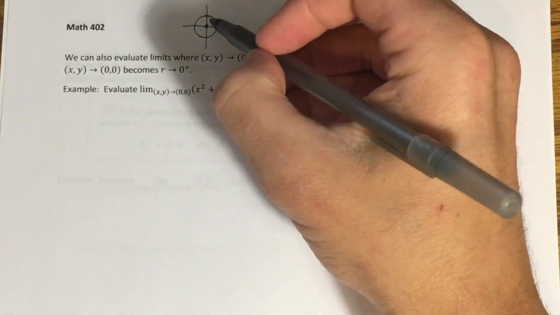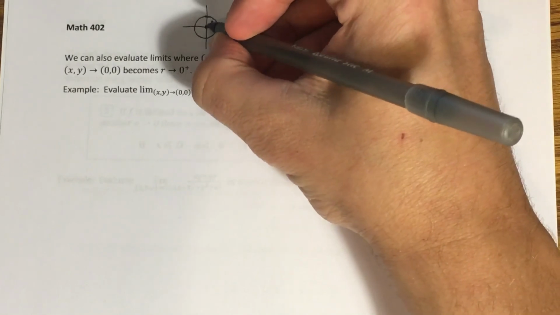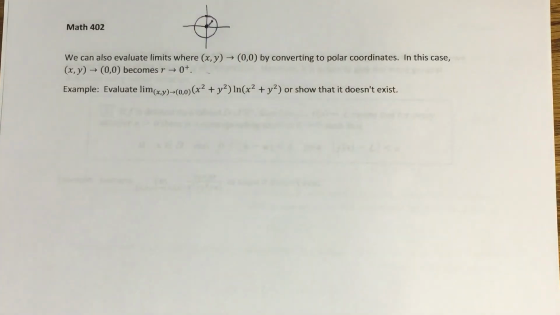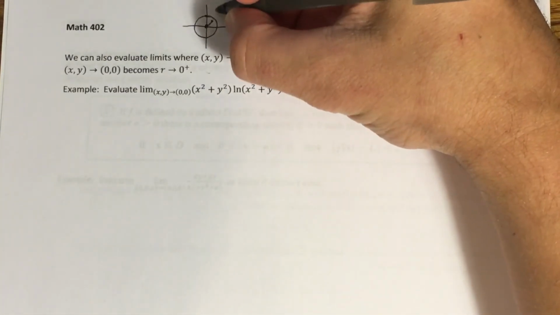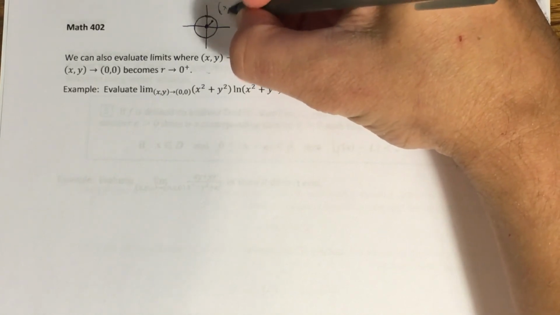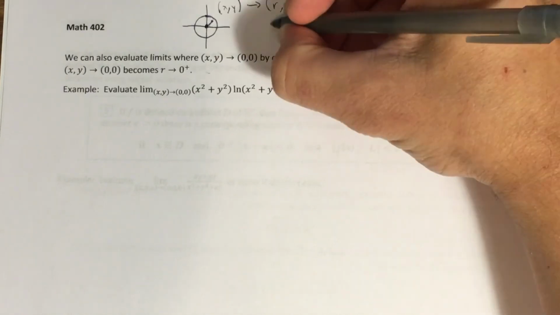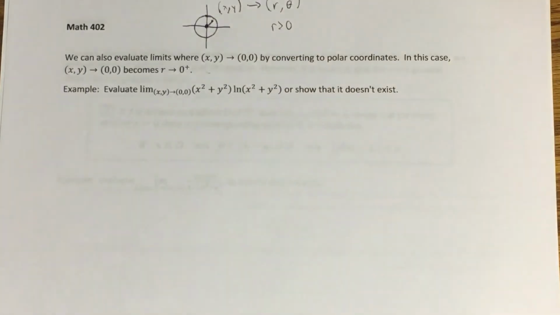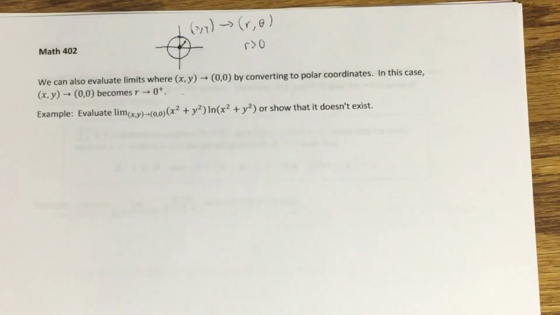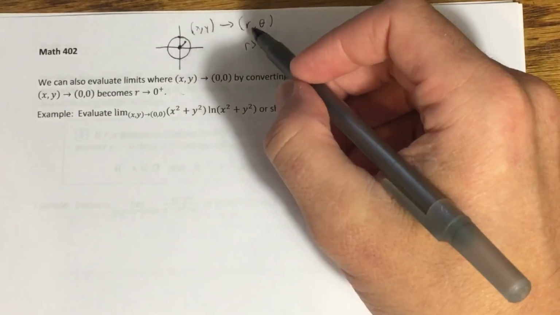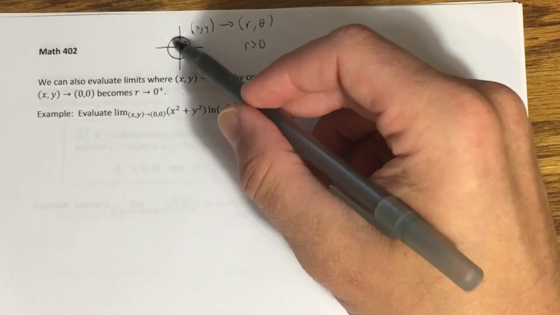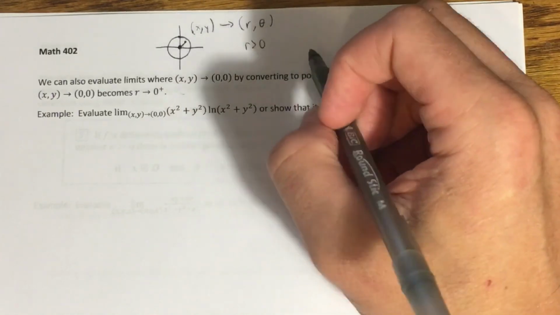Regardless of where that (x,y) is, in polar coordinates, I can convert that (x,y) into an (r, theta), where r is some positive number. Now, yes, it is possible for r to be a negative number in polar coordinates, but we don't need to make it negative. We can always think of it as positive and just adjust our theta appropriately.